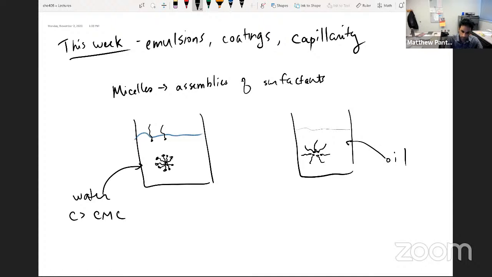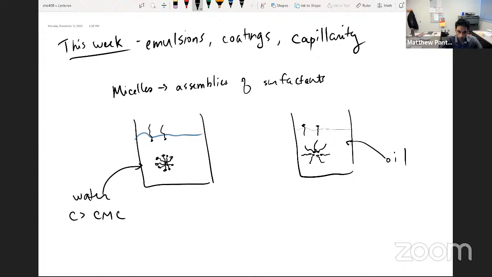Okay. Likewise, the surfactants on the surface would assemble like this, right, with head up. So all of these phenomena can be experimentally verifiable. So you can actually do experiments to show that this happens.